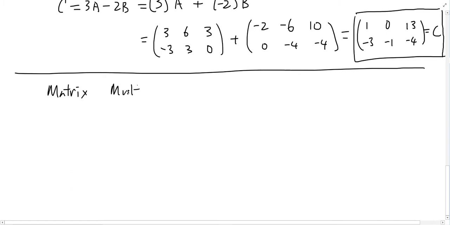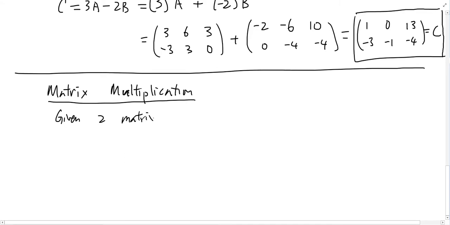And it is actually created similar to the multiplication that we defined for a matrix and a vector. So let's define matrix multiplication. Let's say given two matrices, A and B. Now here's the interesting thing.